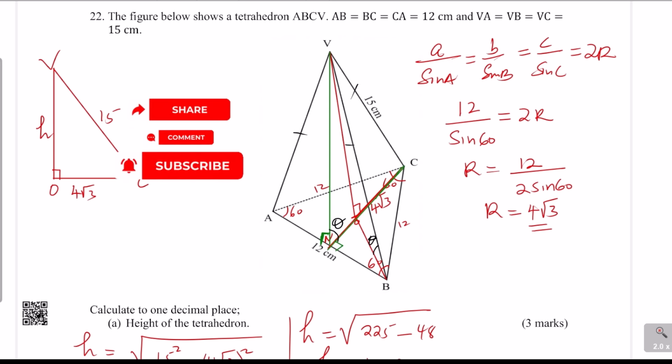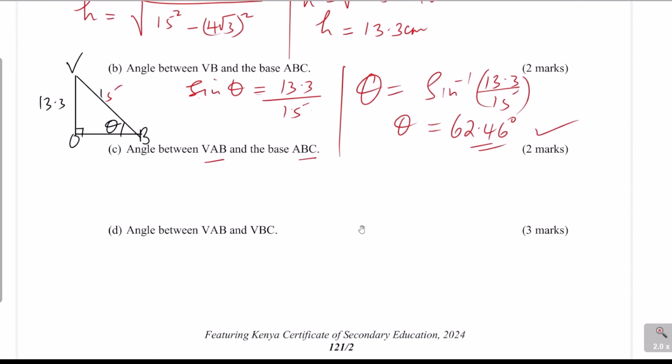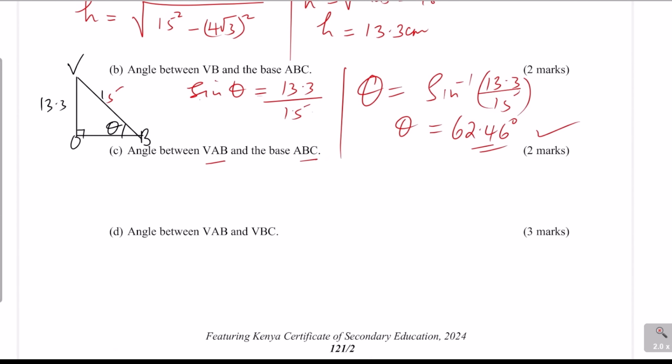So how do we get that angle? We should look at what we are given, and look at this triangle VNO. I only have the height, so I will extract it here. So let me extract that. So it looks like this, that you can see what we are given.